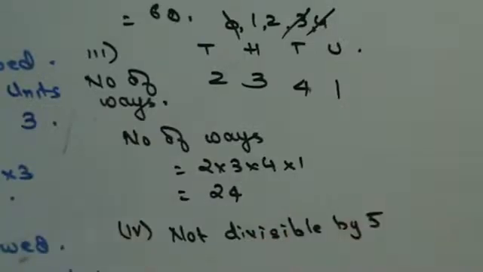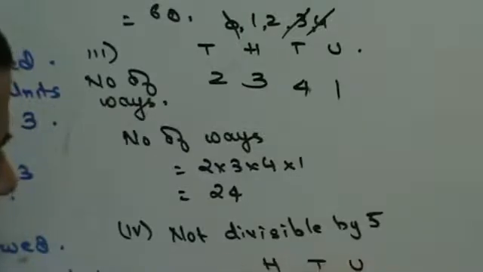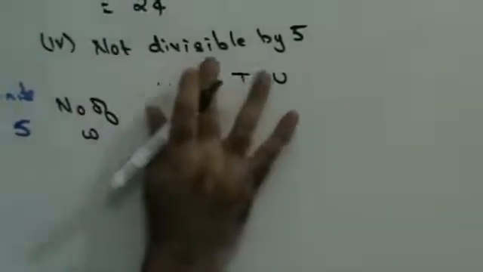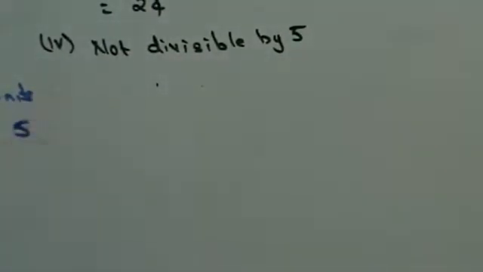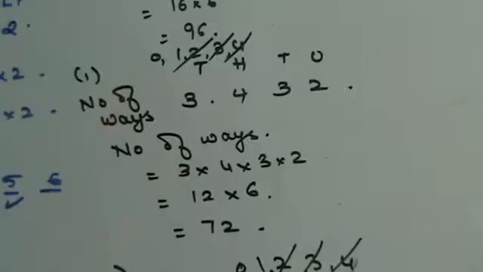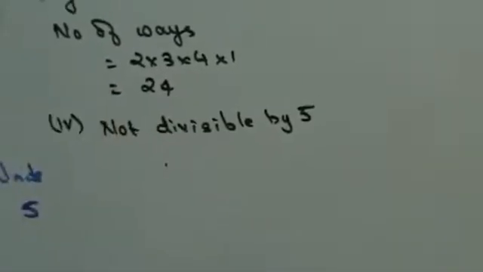How many numbers can be formed which are not divisible by 5? Units, tens, hundreds, thousands. Number of ways. We have already found out, right in the beginning of the sum, that there are 96 numbers that can be formed, out of which 24 are divisible by 5.